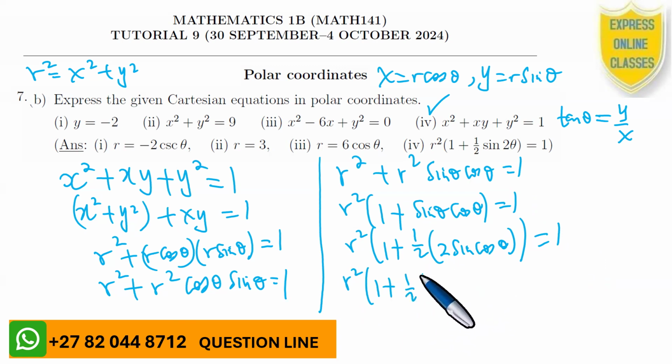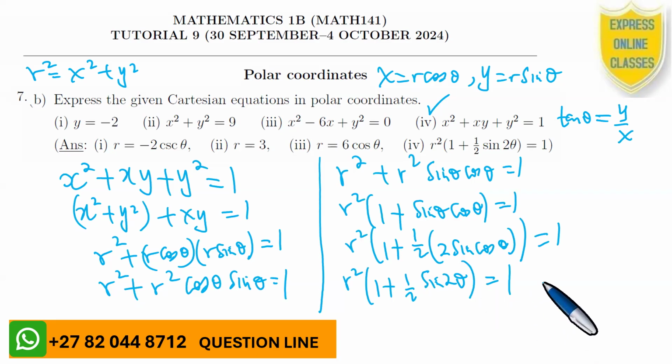Two sine theta cosine theta is sine 2 theta. So that is the answer to the fourth Roman figure.